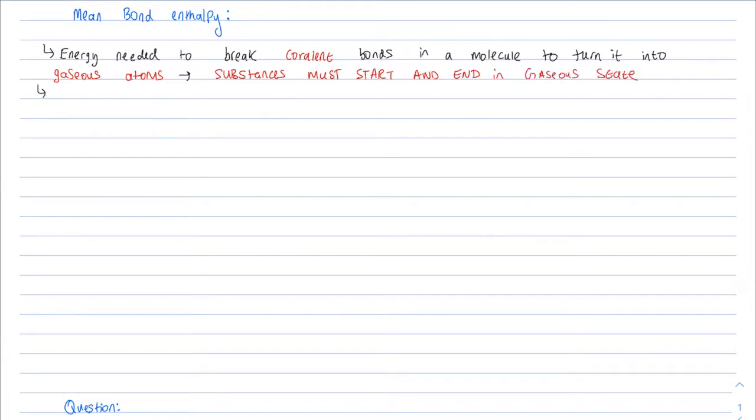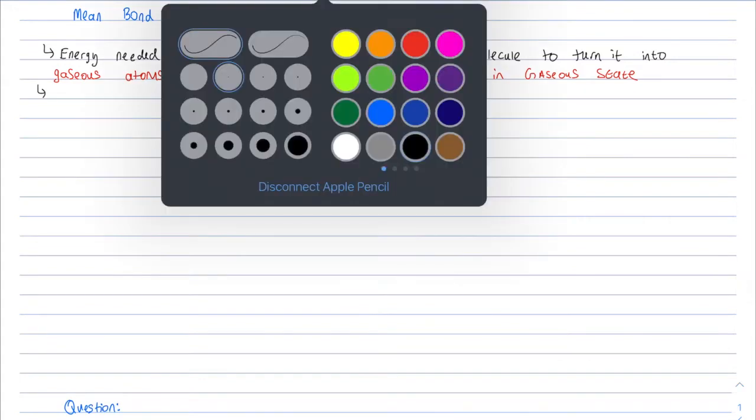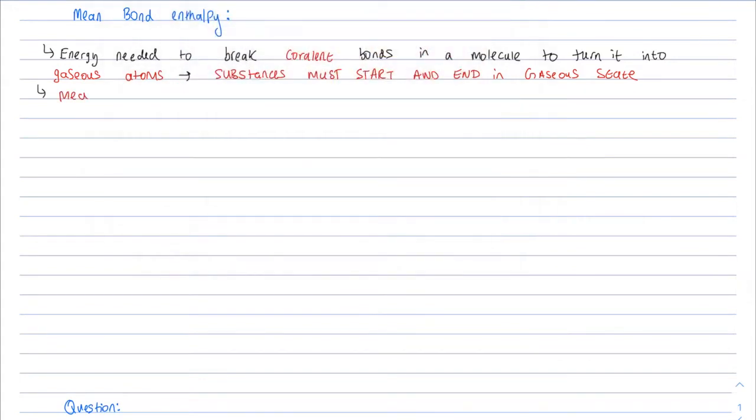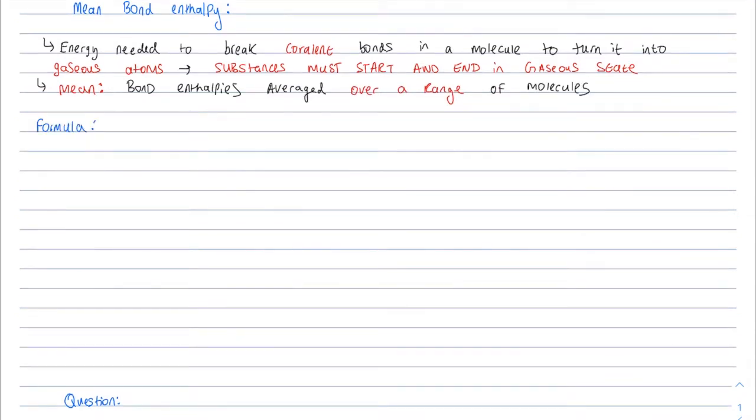And the word mean refers to bond enthalpies being averaged over a range of molecules. So, in general, the formula to calculate enthalpy change using mean bond enthalpies is the sum of the bonds broken subtracted by the sum of the bonds made.